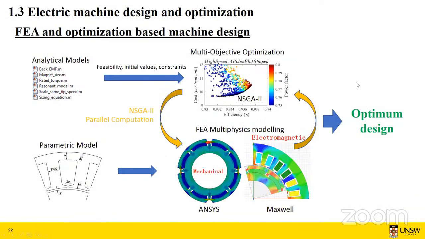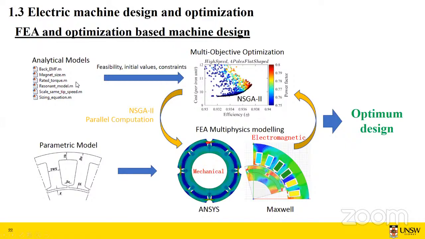If you still remember from yesterday's tutorial, I talked about FEA and optimization-based machine design. Even with the help of FEA software, it is still very important to use the analytical models at the initial stage.